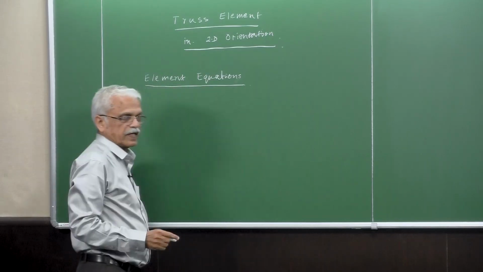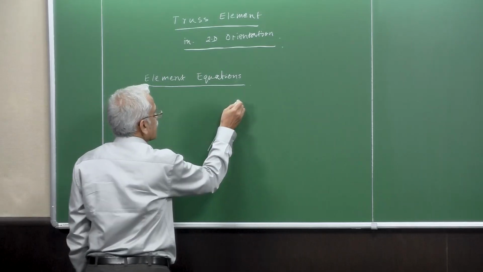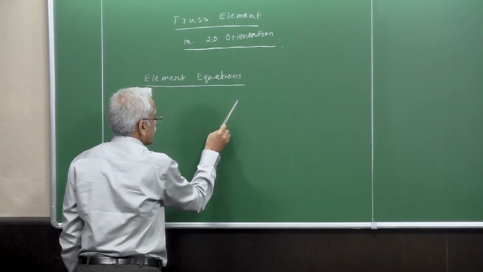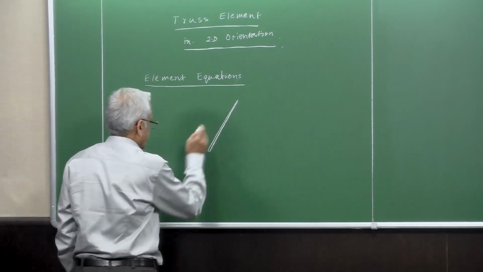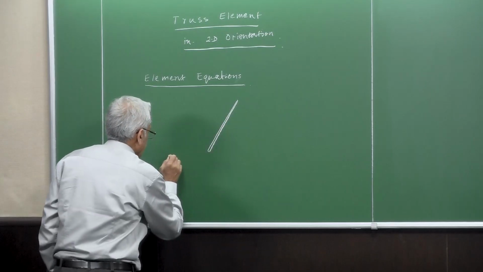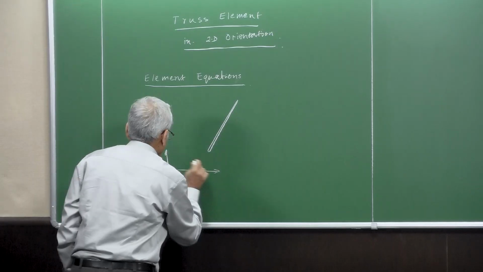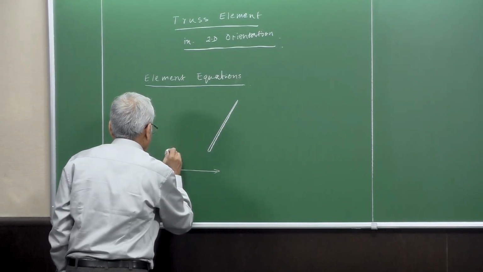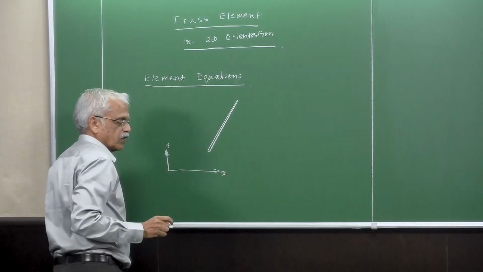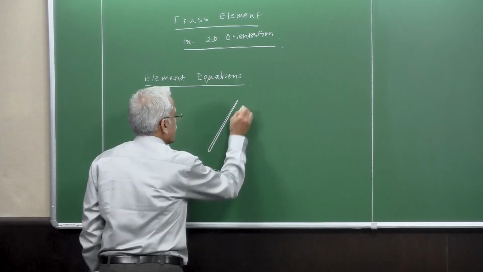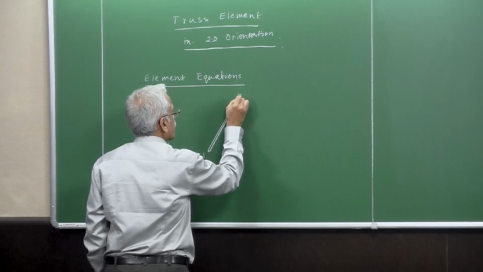So we are looking at the element equilibrium equations, wherein we have a truss element of one-dimensional length, that's all, and then we have x and y axes. So this point here, let's call it node 1 and node 2.